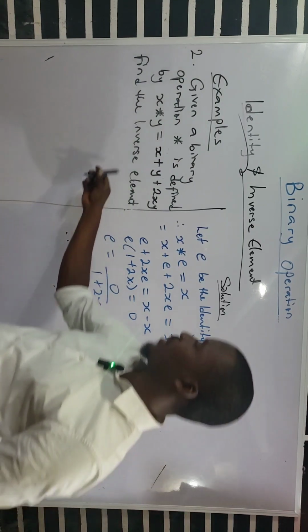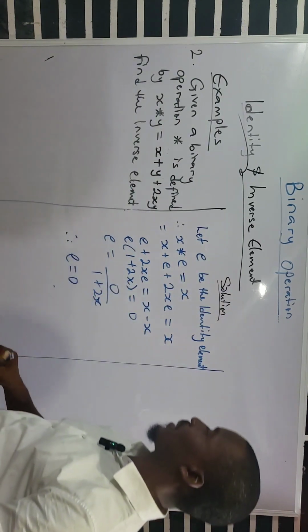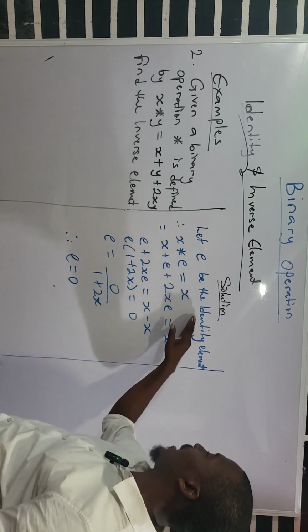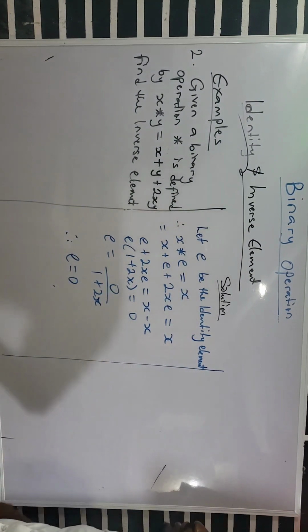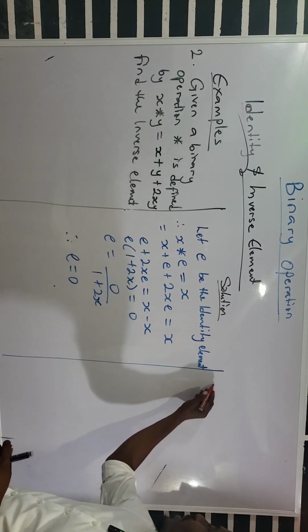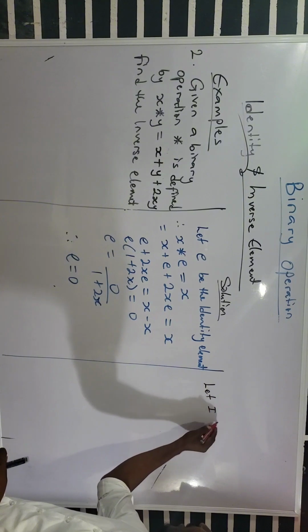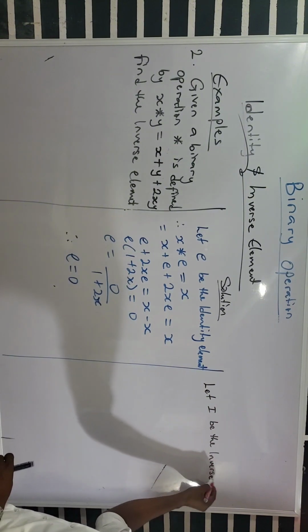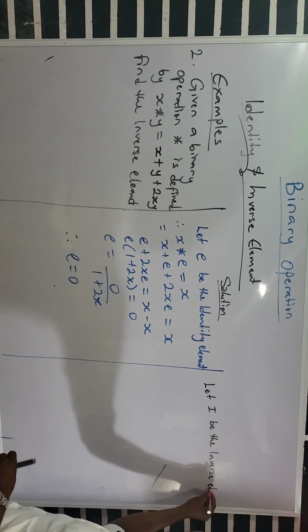So the next thing now is to go ahead and solve for the inverse. But remember, the same way we have defined E to be the identity, we also need to define our inverse. So let I be the inverse element.